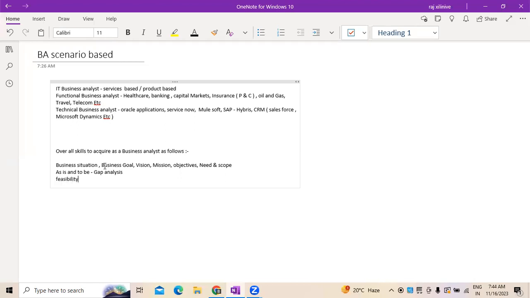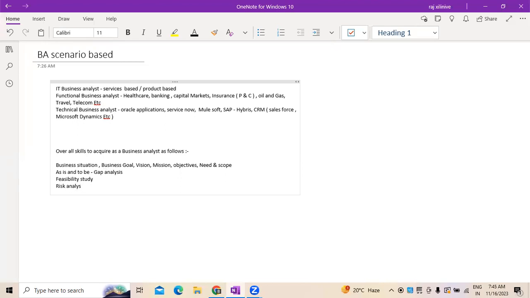Need to have knowledge of a feasibility study, because there are different types of feasibility: technical feasibility, operational feasibility, financial feasibility, regulatory feasibility, all that. So feasibility study is also one of the key and prominent elements we need to be good with.